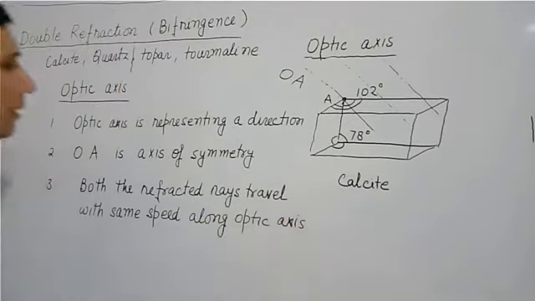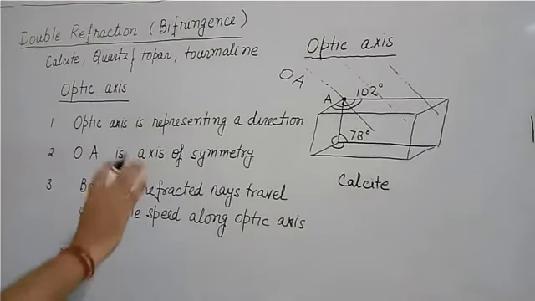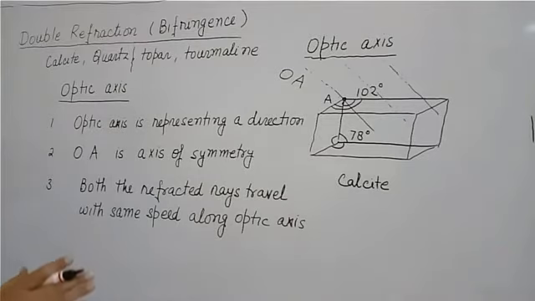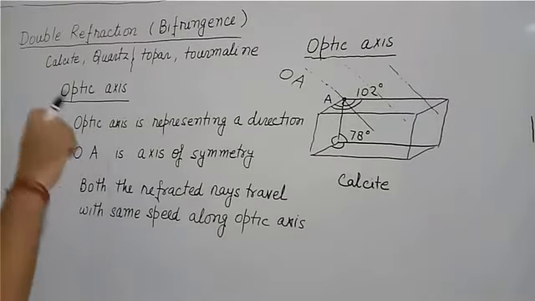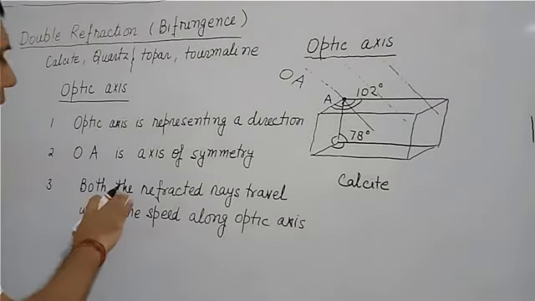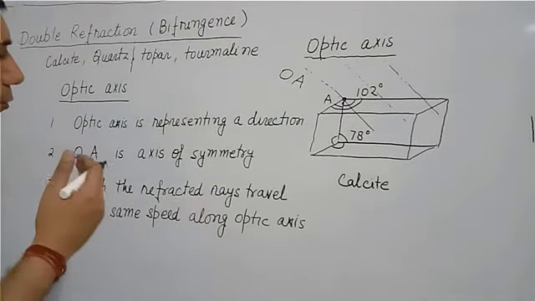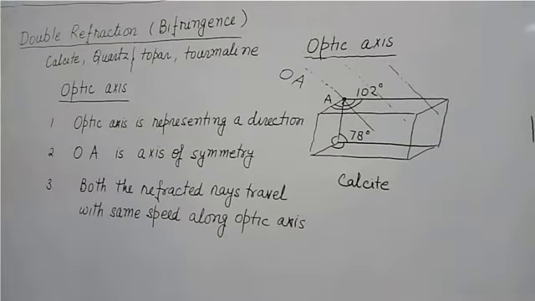So these are few important properties of optic axis. So optic axis is not a line, rather it is representing a direction, and along this direction both the refracted rays, means both O ray and E ray, they travel with the same speed.